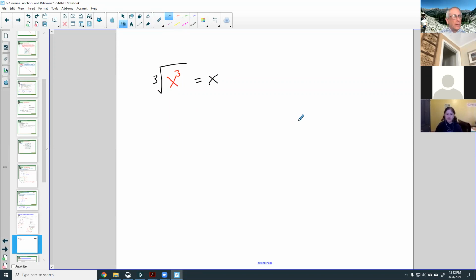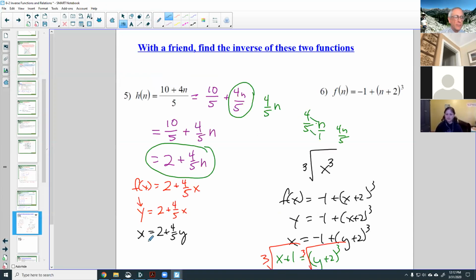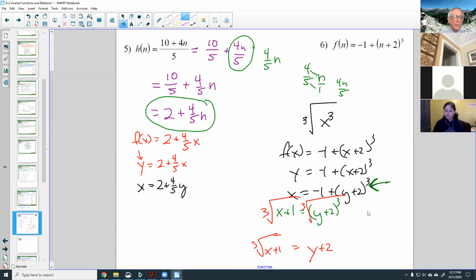I'm guessing you've probably gotten down to about here, right? Can you see my screen? Have you gotten this far? Then you add 1 to both sides to get this piece all by itself.